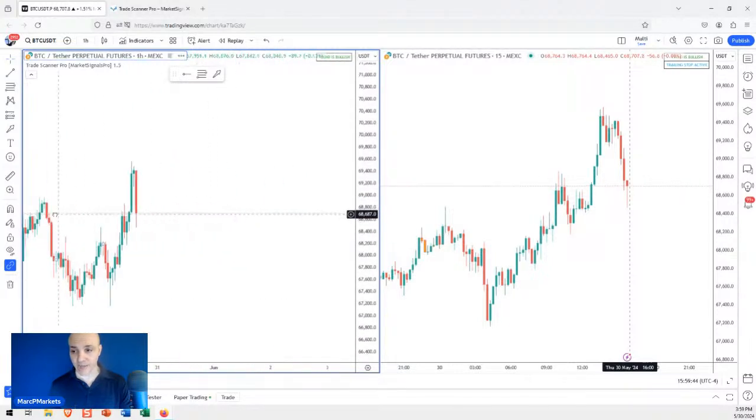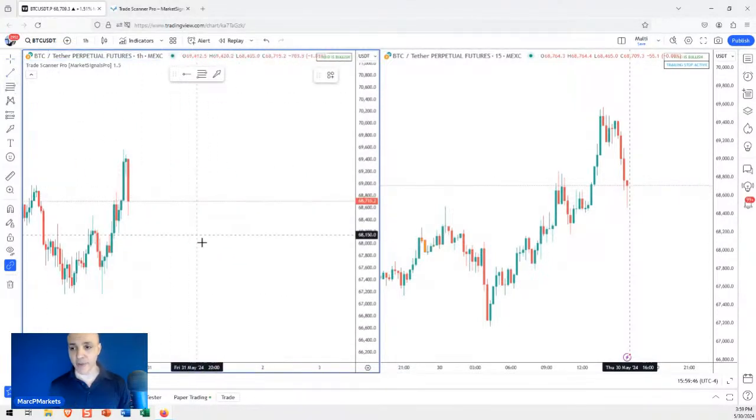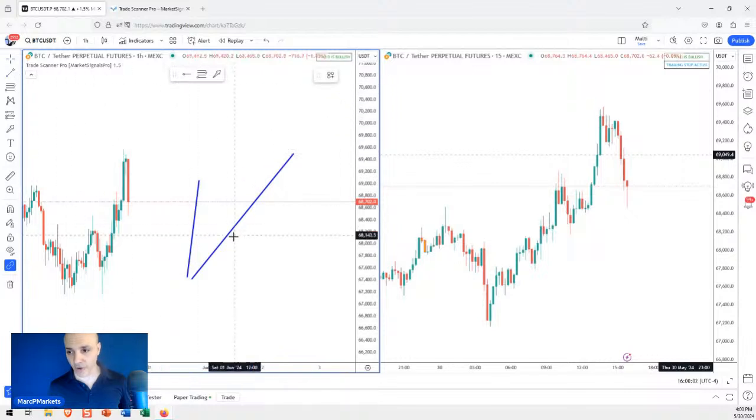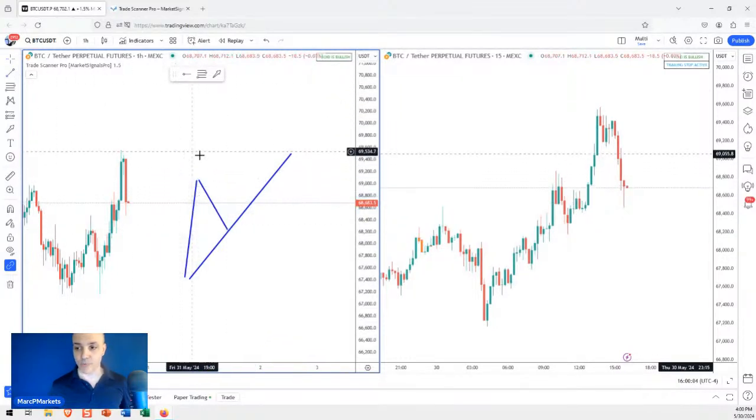Now, let me just rewind a bit here. I forgot to mention something. For people that are brand new and be like, okay, what is he talking about? Let me explain to you how TradeScanner Pro works real quick and what it does. It works in 3 steps, okay? First, it looks for trend. Then inside of that trend, it looks for a pullback. So let's assume that the trend is bullish, okay?